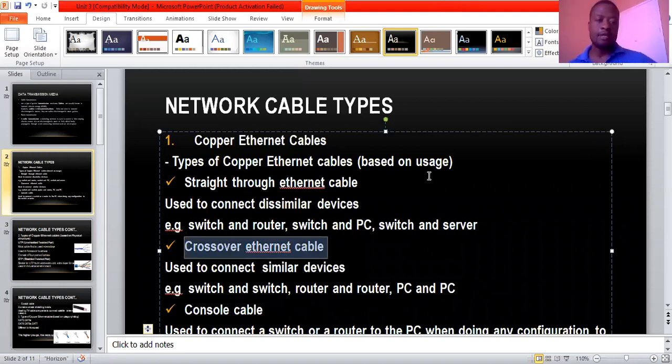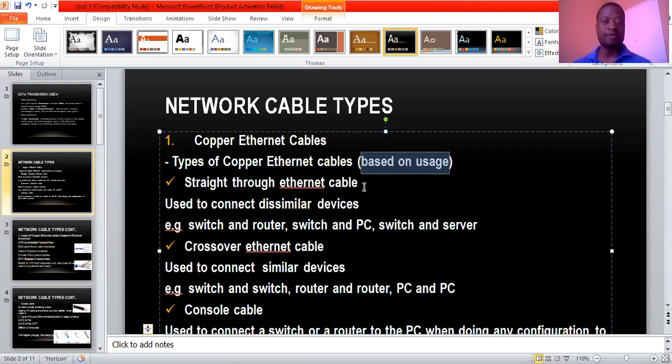Okay, so as I've said, we are going to look at the usage of this type of cable. So what do you mean by the usage? The straight-through cables are used to connect dissimilar devices.